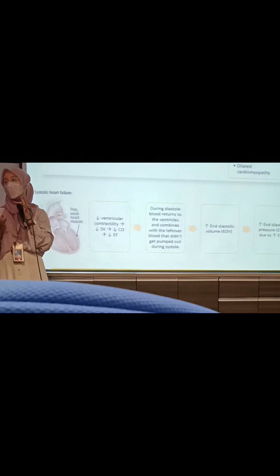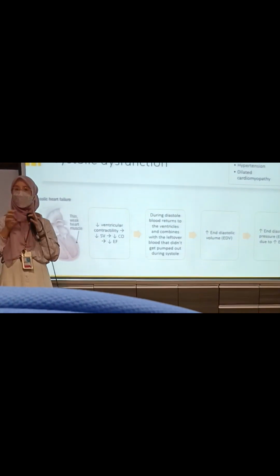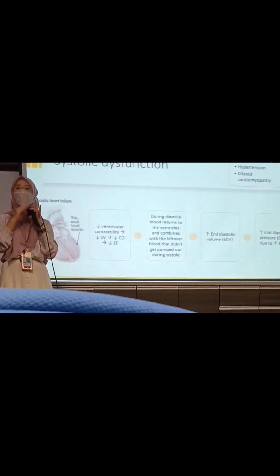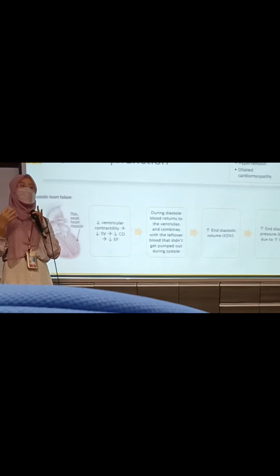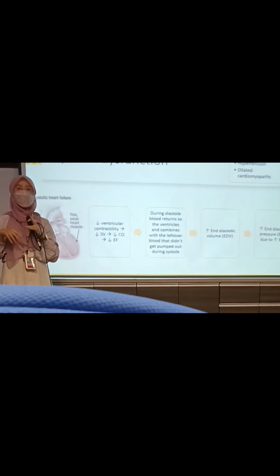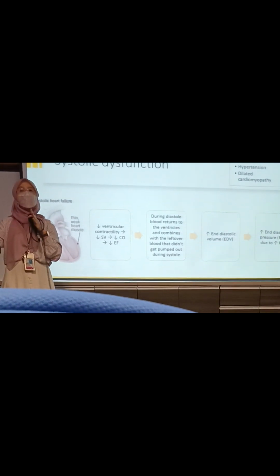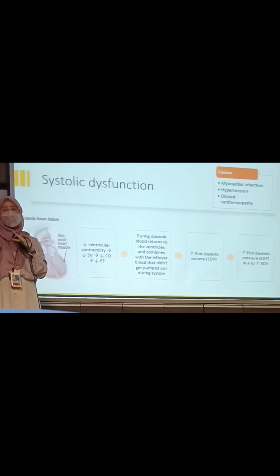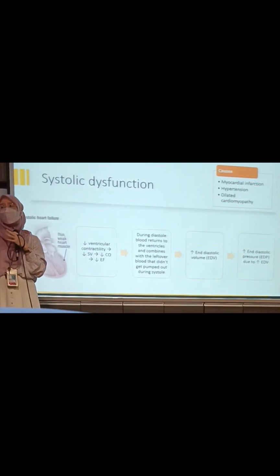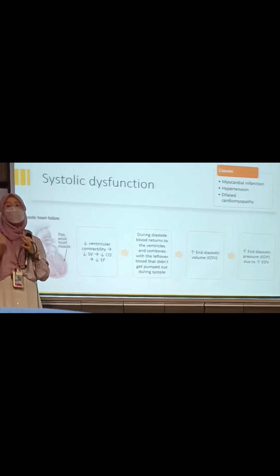So during diastole, blood returns to the ventricles, venous return will combine with this amount of blood that is left from the previous ejection. Okay, so apa yang jadi? The end-diastolic volume will be increased. Volume akan bertambah. Contoh venous return memang selalu balik, contoh 100 ml, plus the 80 ml that is left from the previous systolic dysfunction, so it becomes 180, kan? So when there is increase in the volume, the pressure will also be increased.